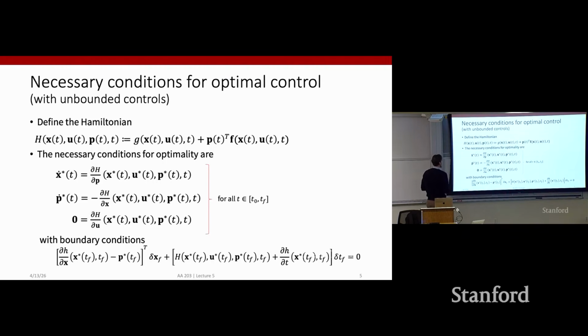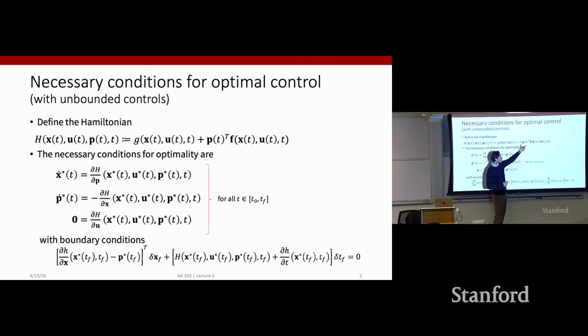This led into defining the following necessary optimality conditions, which at a high level entailed, first of all, defining the Hamiltonian, which acted as the analog of the Lagrangian function in the finite dimensional case, where the Hamiltonian is defined as the stage cost plus a term which represents our dynamics f times a function of costates p of t, which again represents the analog of the Lagrange multipliers.